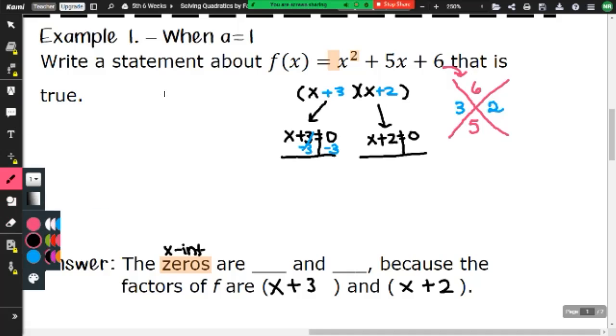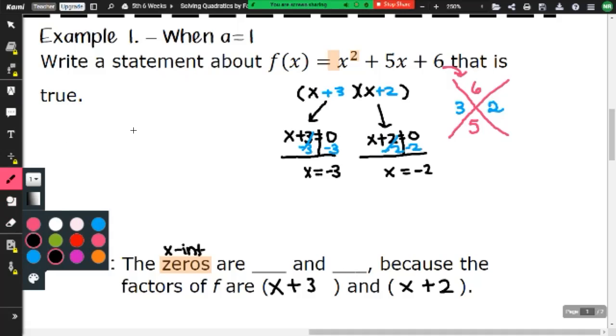So we get x equals -3. How do we move the 2 back over? -2. x, that cancels out. We get x equals -2. So even though it's a +3 and a +2 in parentheses, the actual x-intercept should be at -3 and at -2. That's what you fill in here.